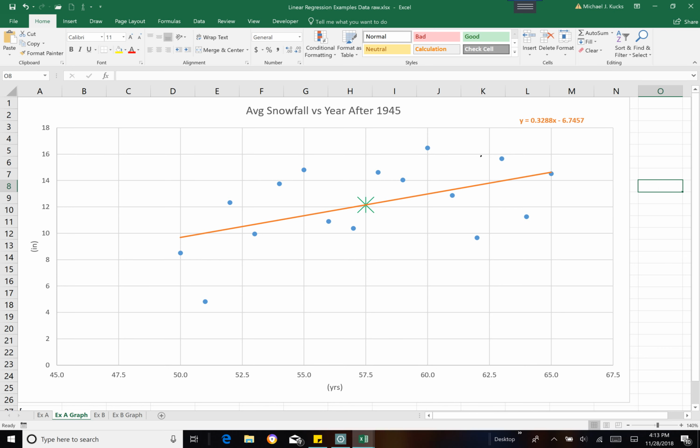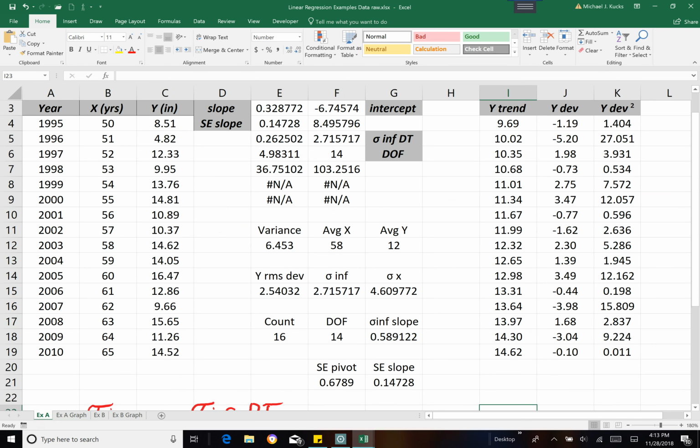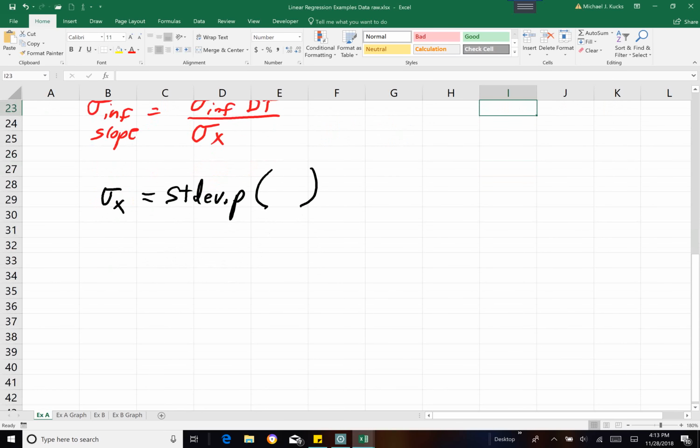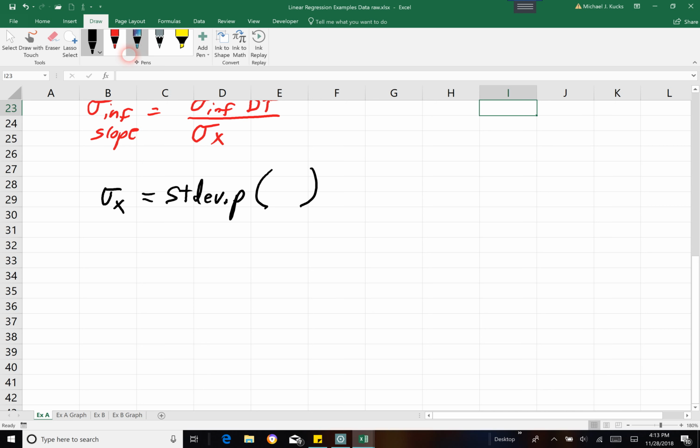Okay, so here's what we're going to do. Let's go back here. And we know that when we're adding things, adding errors, adding standard errors, we're probably going to add them like Pythagoras. And so that is exactly what we're going to do.